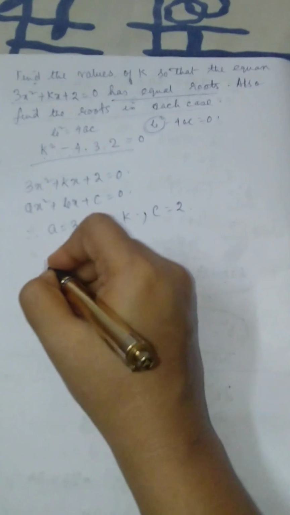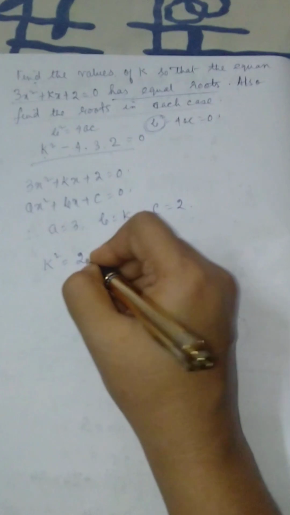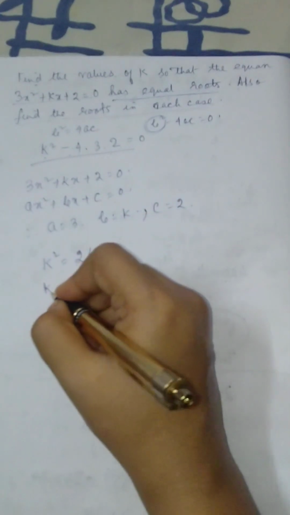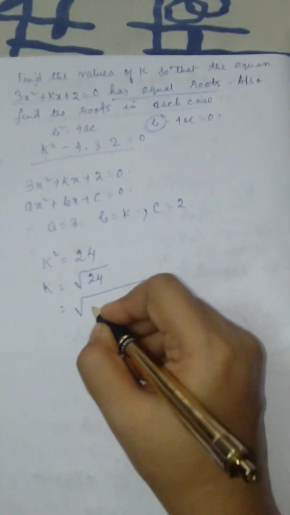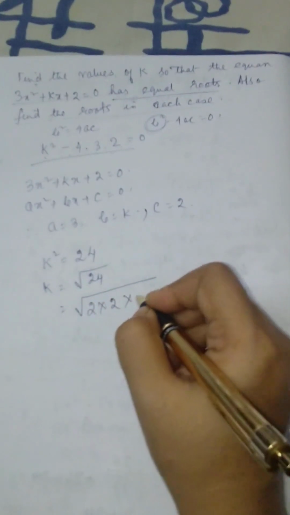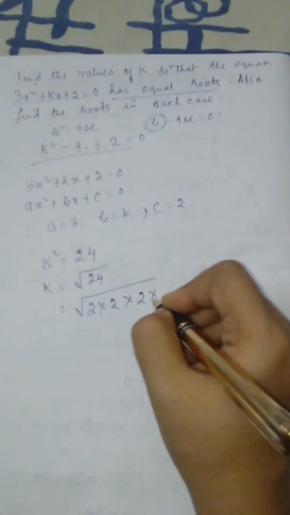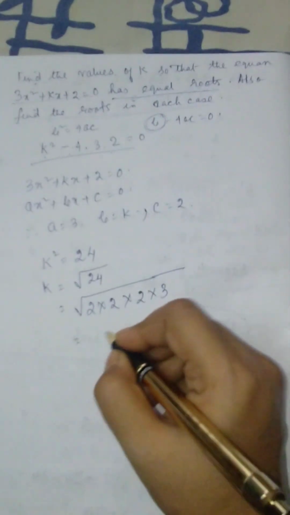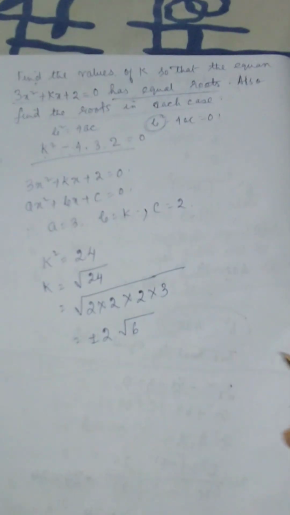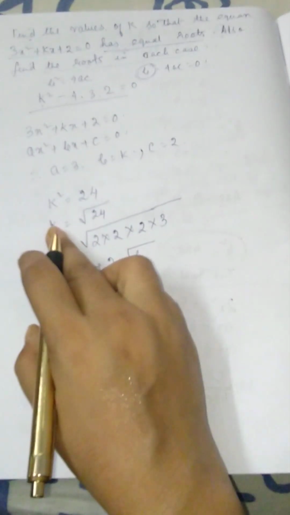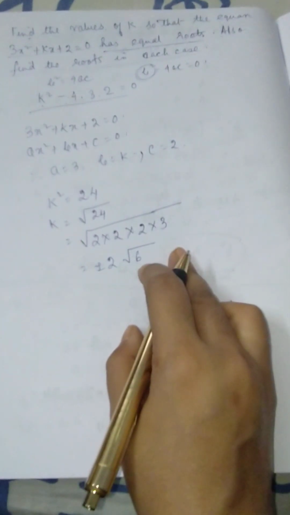Okay, so from here I can find the value of k, that is root over 24, that is 2 root 6. So the value of k will be plus minus 2 root 6.